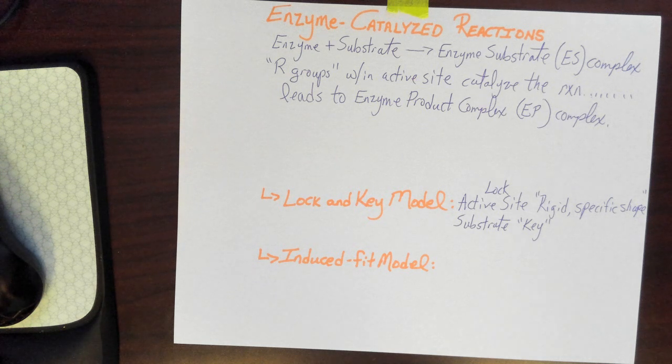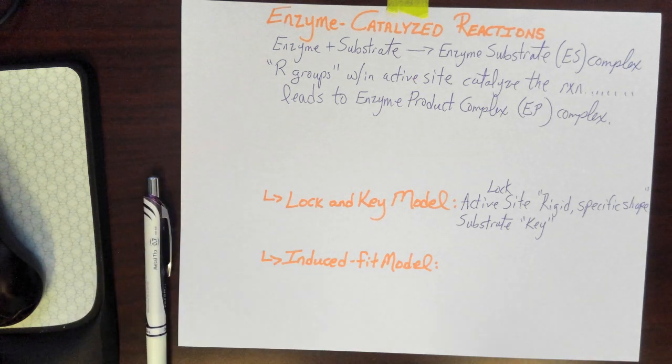Okay, this model isn't completely accurate because we have to remember that the tertiary structure of proteins, so we're talking about the enzyme, the tertiary structure of the enzymes are flexible. They're flexible, so to say, elastic. And so they can bend, they can move, they can fold, they can twist.